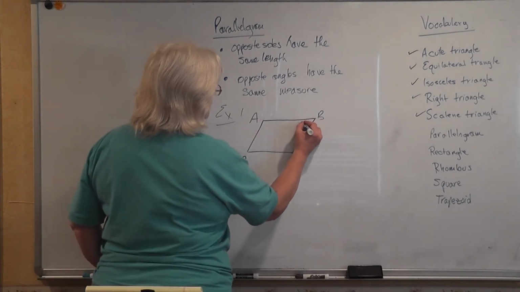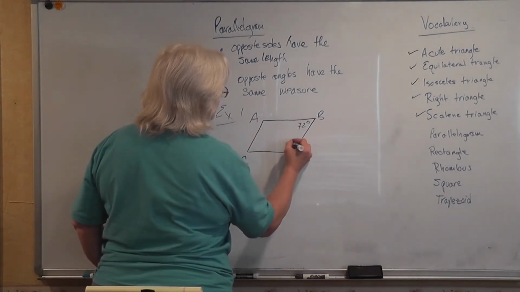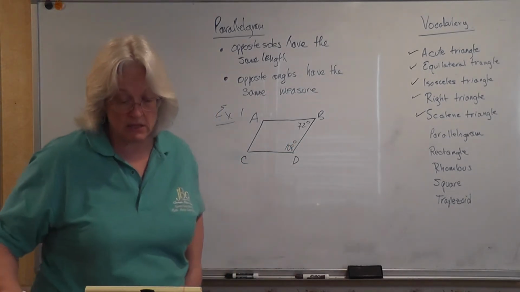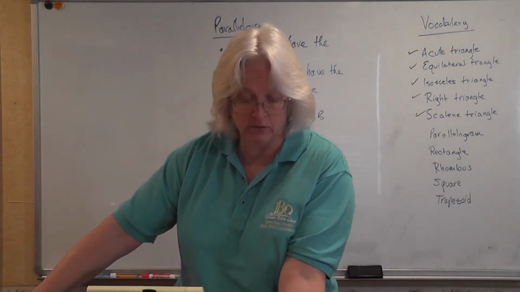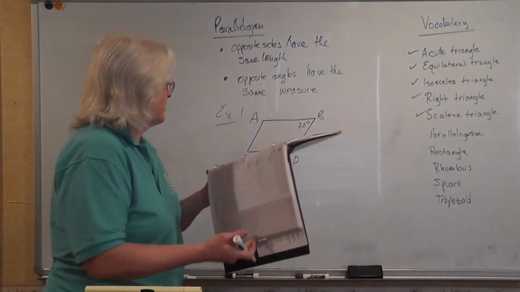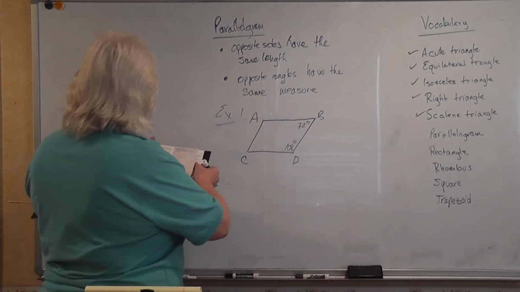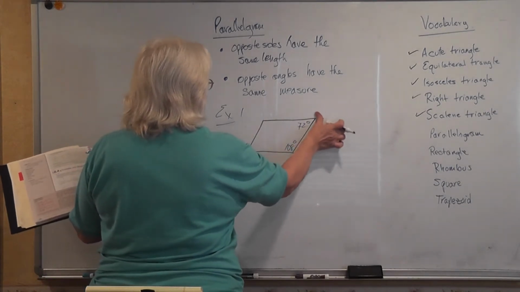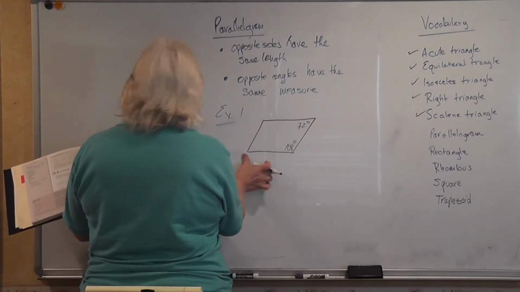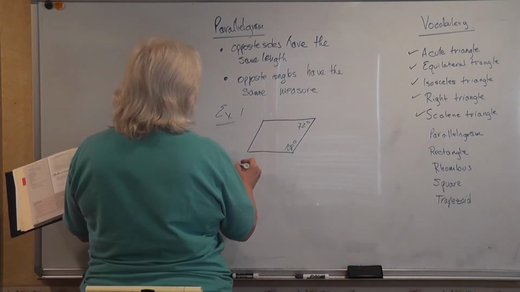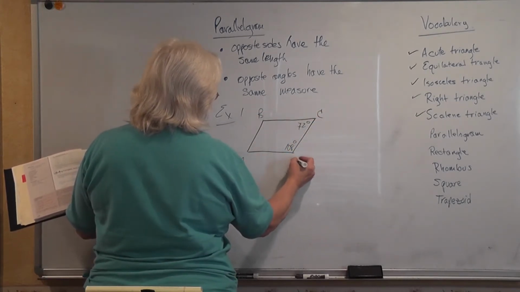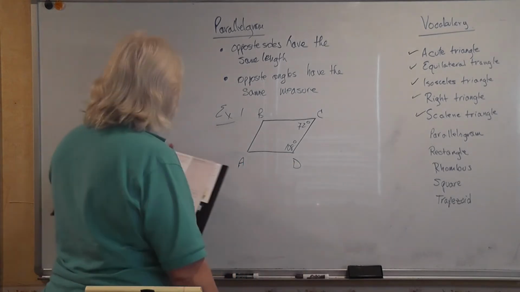They tell us that this measure here is 72 degrees, and that measure there is 108 degrees. I want to make sure that I have this drawing made exactly the way they have it in the book, so that if you happen to be looking at your book as you go through here, you would see this.